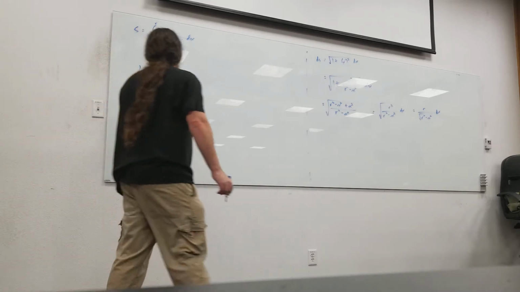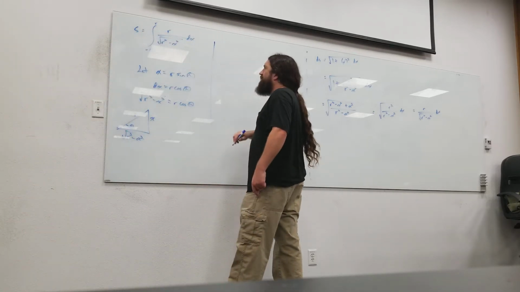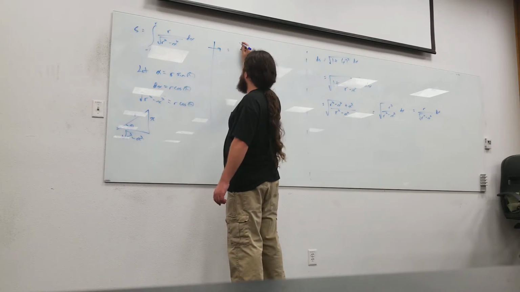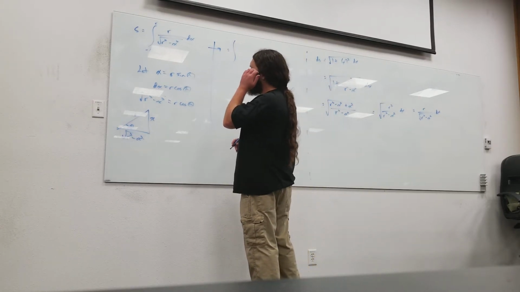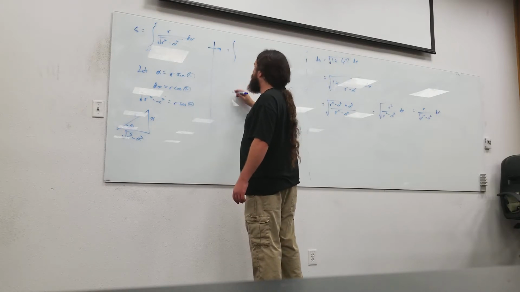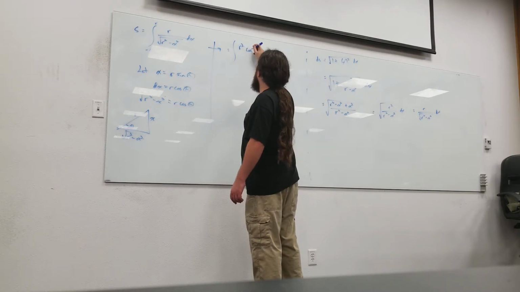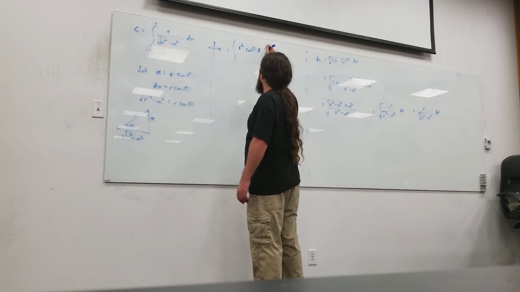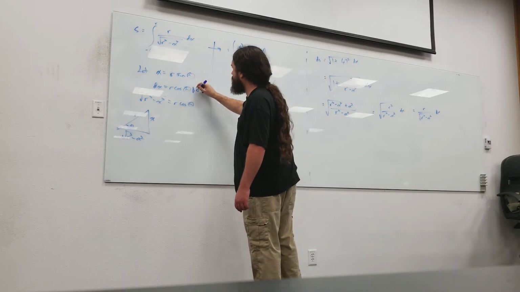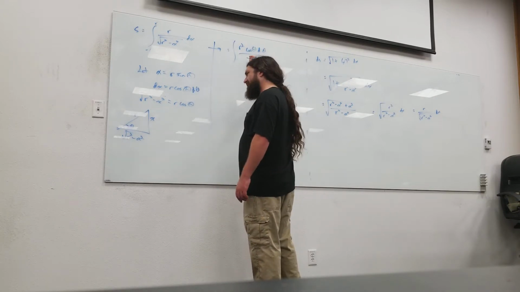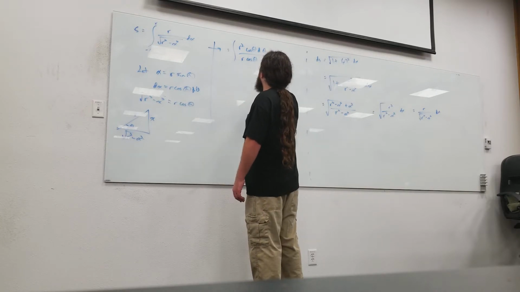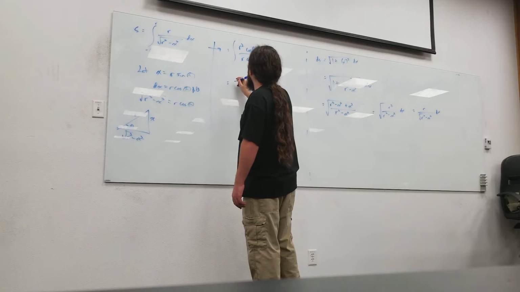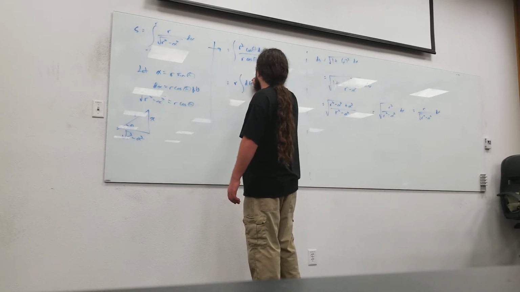All right, so this guy is going to turn into the integral of what? r times dx is r squared cosine theta d theta, and the guy on the bottom is going to be r cosine of theta. So the r's cancel out, I've got one left over on top, and I'm just integrating d theta.